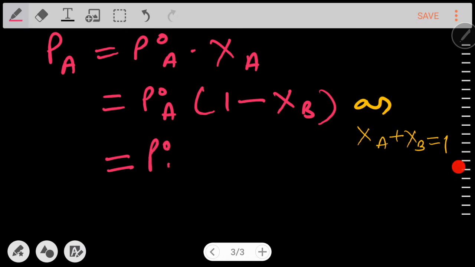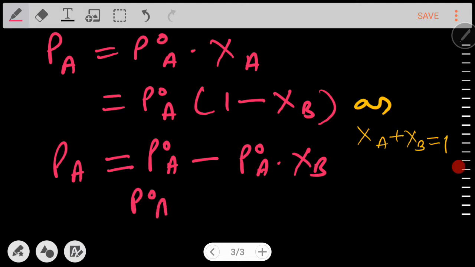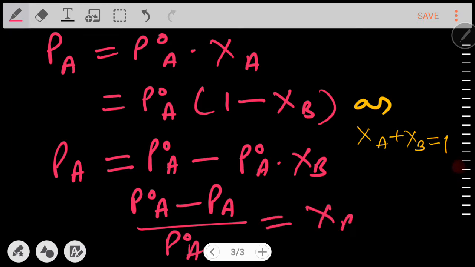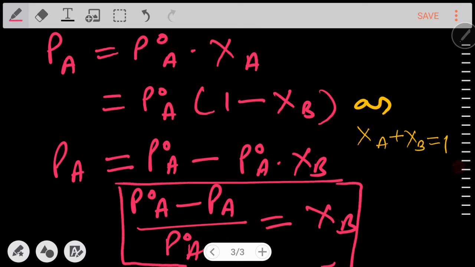So P naught A minus P naught A into XB equals Pa. On rearranging the equation, you will get a new equation, that is P naught A minus Pa upon P naught A equals XB. This is another equation used for Raoult's law.